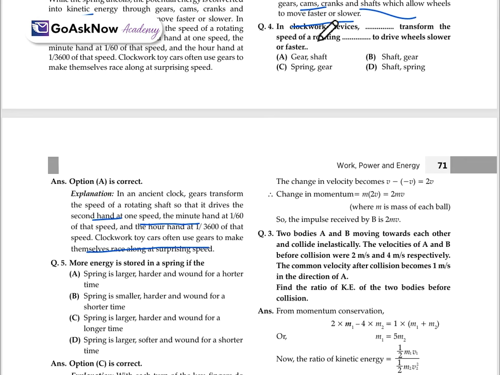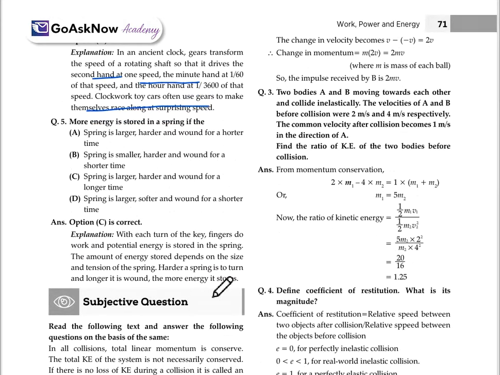So in clockwork devices, gears transform the speed of the rotating shaft. One shaft is going to rotate and the gear transforms the speed, making the wheel slower or faster. They both play a role, the gear and the shaft. Most energy is stored in the spring.